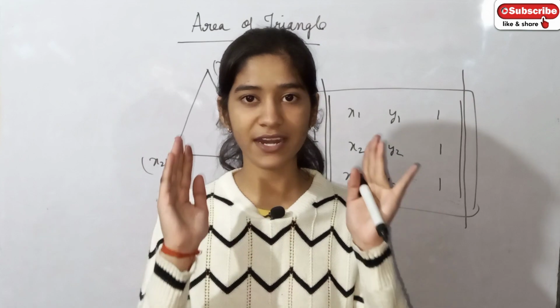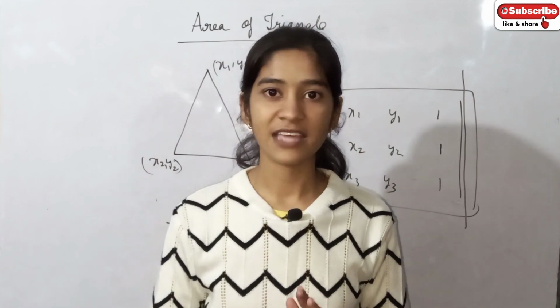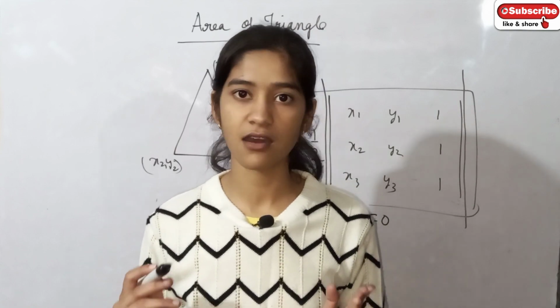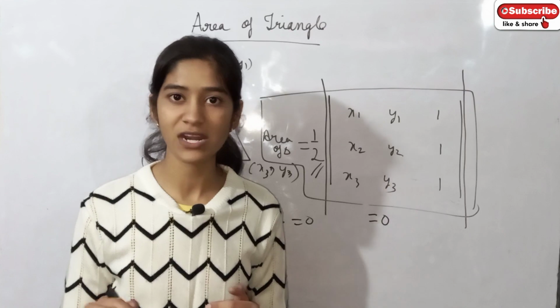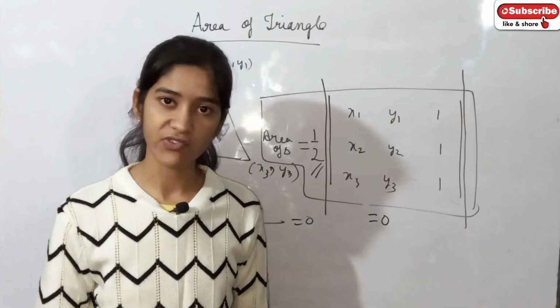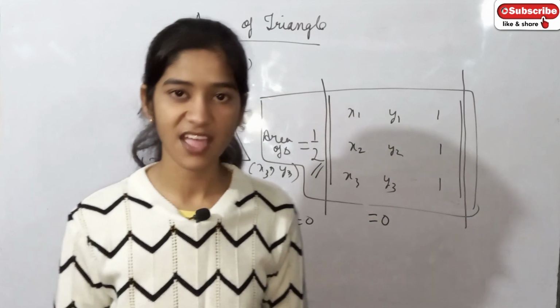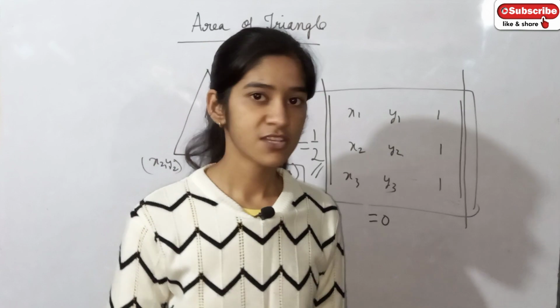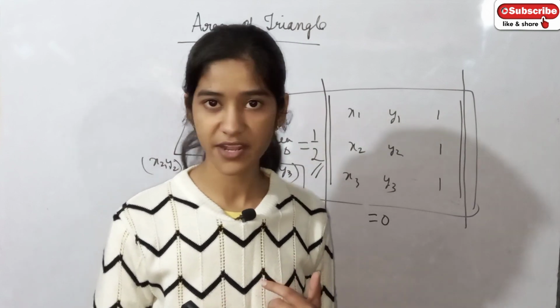We put the coordinates in the form of a determinant and evaluate it equal to 0, then we get some expression, and this is the equation of the line. So now let's do some questions on finding the area of a triangle, proving collinearity and finding the equation of a line.